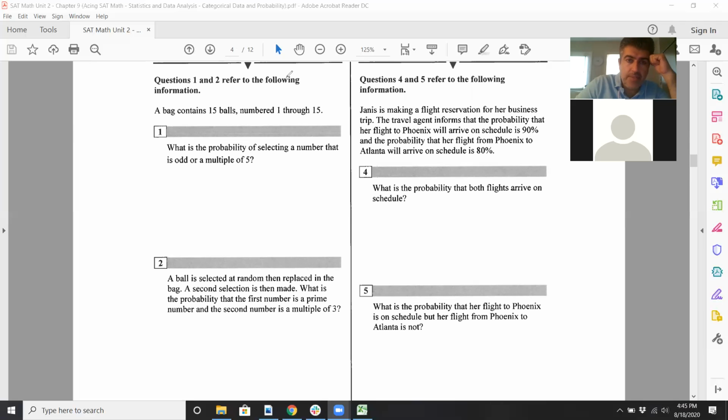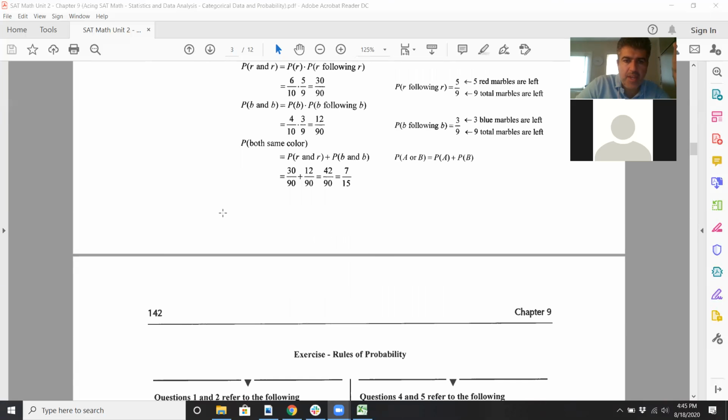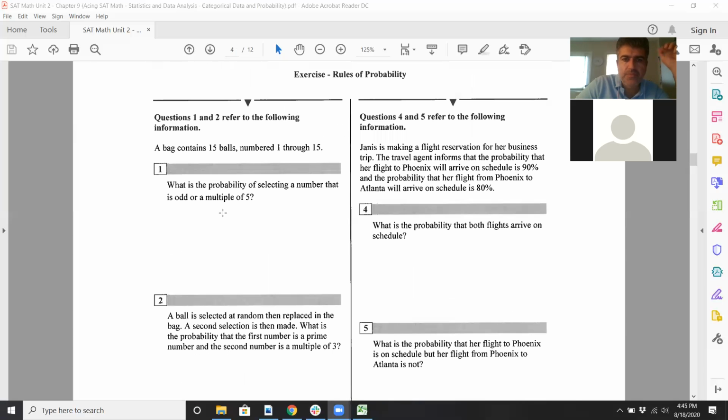In this case, actually there was one little thing I think was left out, but that's okay. So, getting an odd number or a multiple of 5. Which of those would be odd? Obviously 1, 3, 5, 7, 9, 11, 13, 15, right? What are multiples of 5? Obviously 5, 10, and 15.